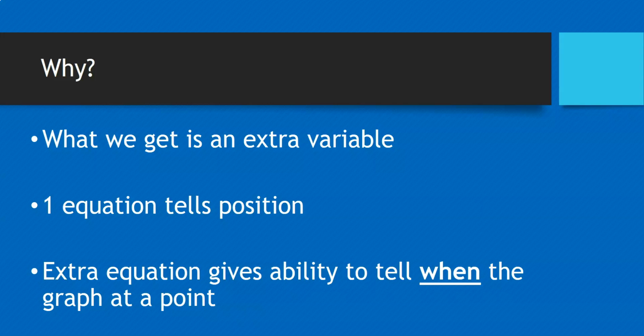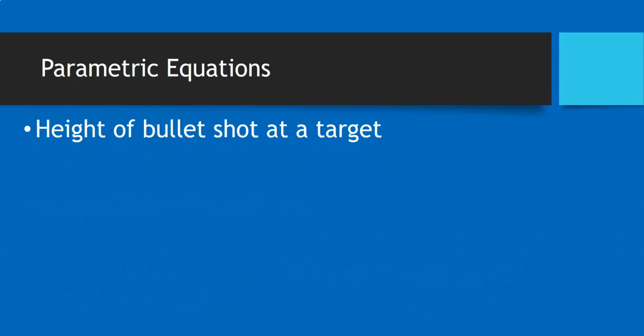Sometimes it's the letter theta, but most of the time it's t. That extra variable allows us to talk about when the graph is at a certain point. That's why, by the way, that extra variable is often called t, because it's talking about time in some way.